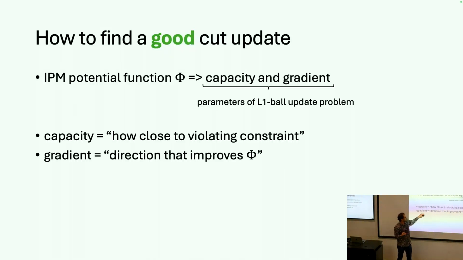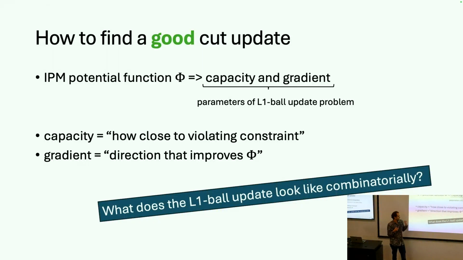And the gradient you should think of as the direction that improves. So we want to run something like gradient descent. We want to move along the direction of the gradient to improve the potential function while not violating any constraint. And now that we set up these two properties, we can talk about what this looks like combinatorially.